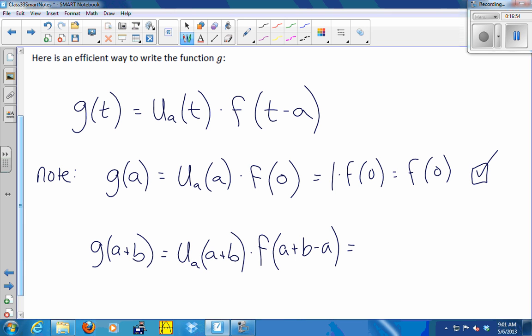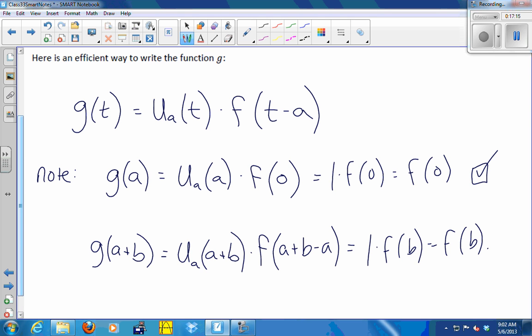So I'm just doing some future time after t equals a. So u sub a of a plus b would be 1, because b is just some positive value. And this is going to be 1 times f of b, which is f of b.